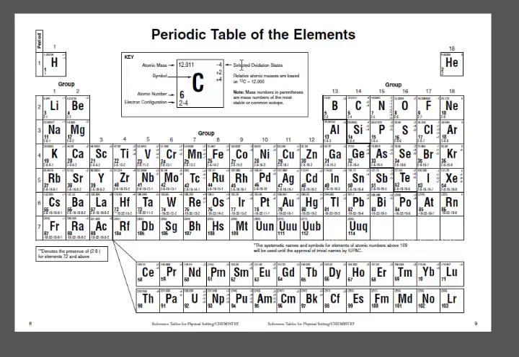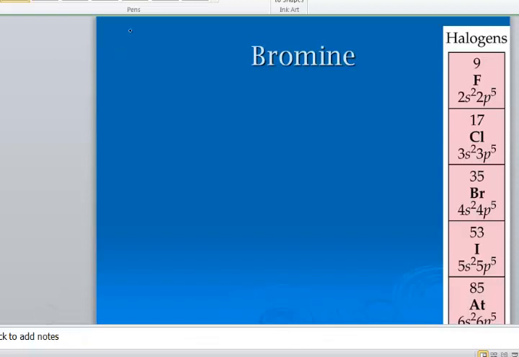Here's bromine right here. Okay, bromine is going to be in the 4p block. And if you look at bromine, it is the 35th element on the periodic table, which means it's got 35 electrons. So we need to remember that we've got 35 total electrons, and then it's going to end in 4p.